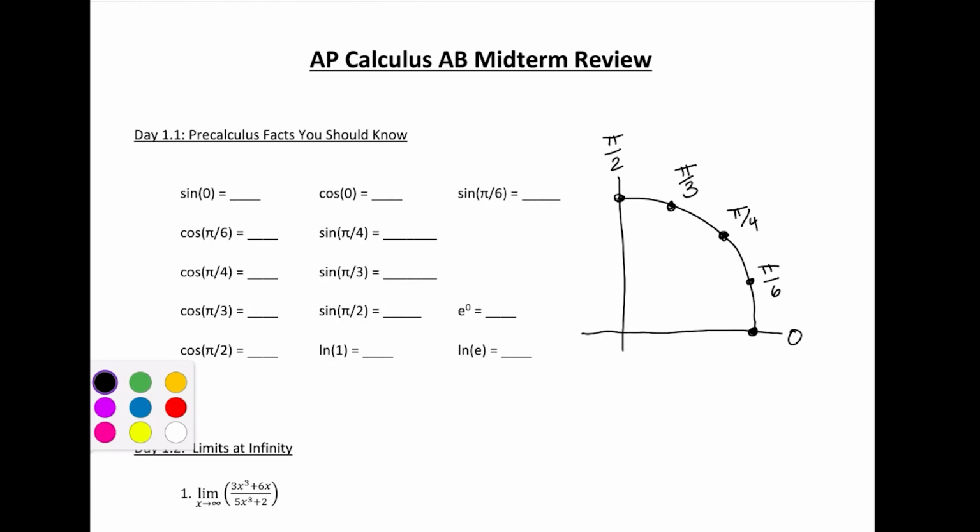And each point on the circumference of the unit circle will have coordinates that correspond to the sine and cosine values of each of these angle measures.